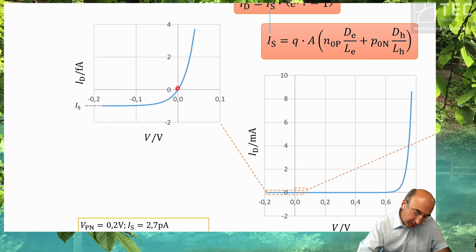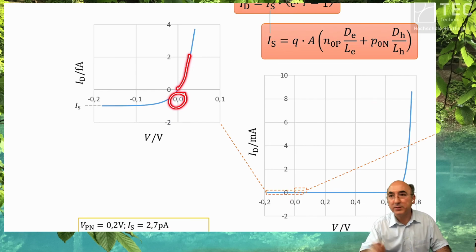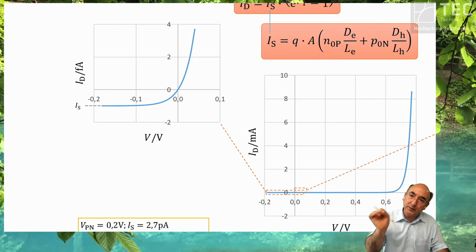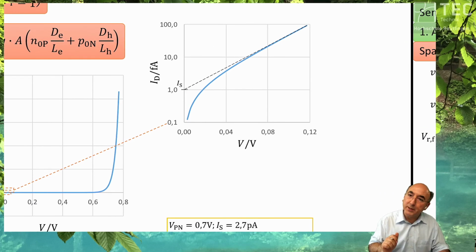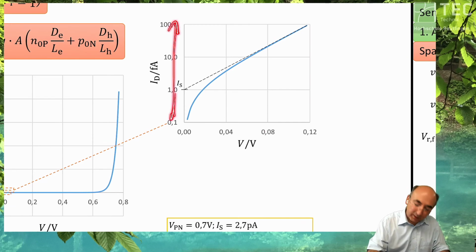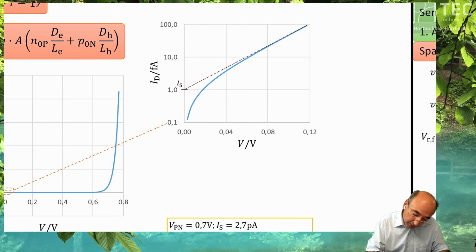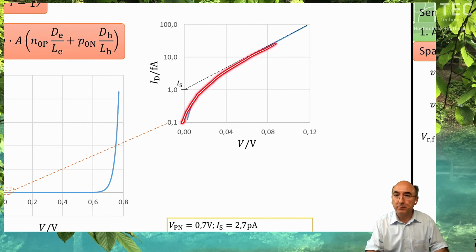And now the current increases exponentially from 0 volt on, not at 0.7 volt. No, from 0 volt the current does start. And it increases exponentially. An exponential increase plotted logarithmically is a constant slope. Okay, but we differ from the constant slope because we have the -1.